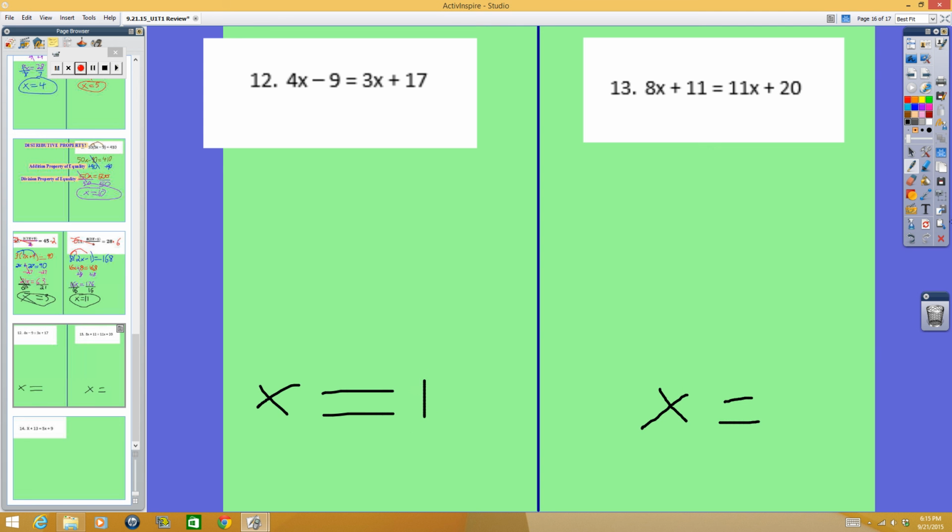Whether it's 1, 10, 7, whatever, I don't care what it is. You want to move all the numbers on this side, because that's a number, and you want to move all your x's on this side. Okay?